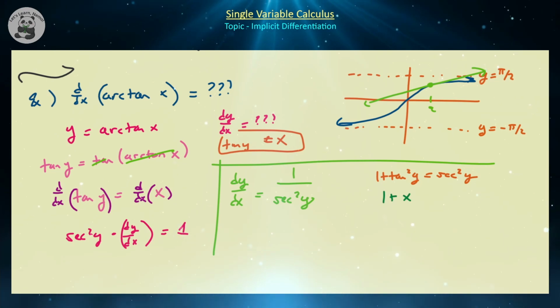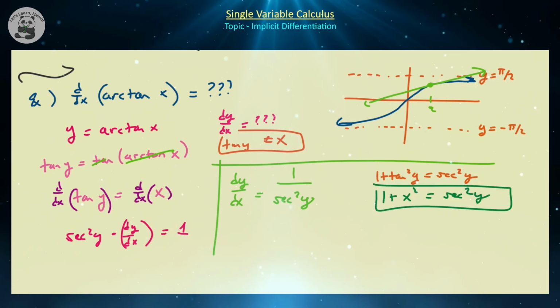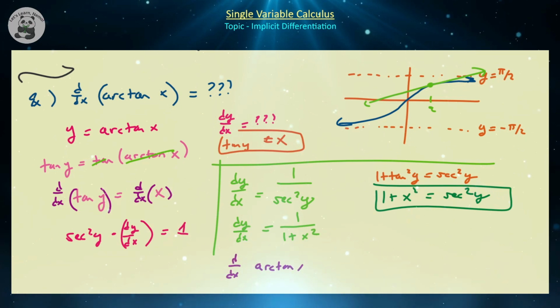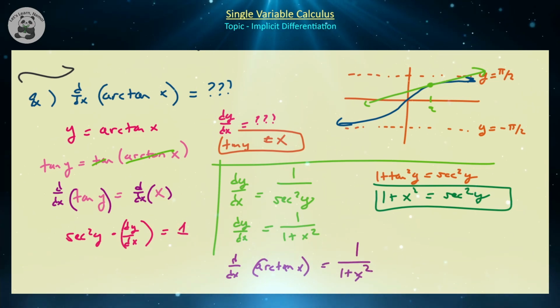So we have just 1 plus x squared is equal to secant squared of y. And we can replace that into that identity. So we have the derivative of y with respect to x is equal to 1 over 1 plus x squared, which is actually the derivative of the arctangent function. Right? So it's actually this thing.